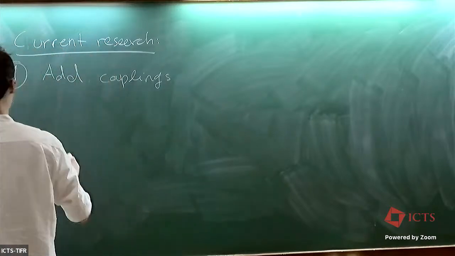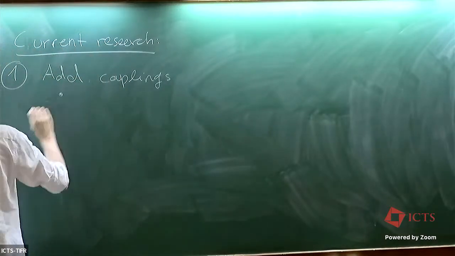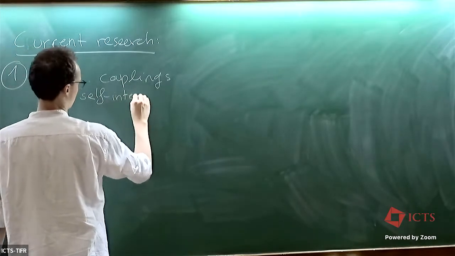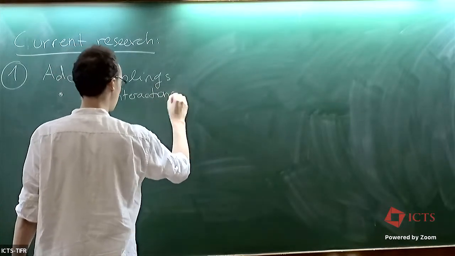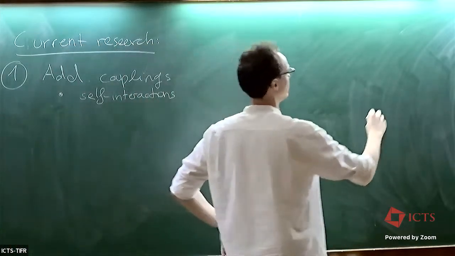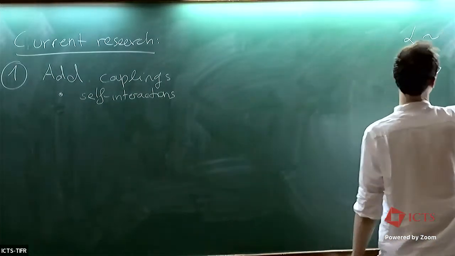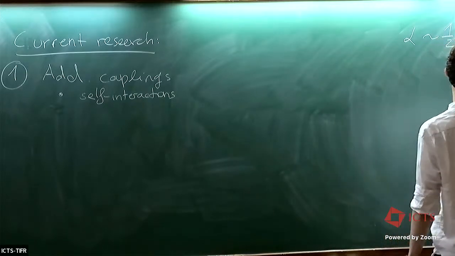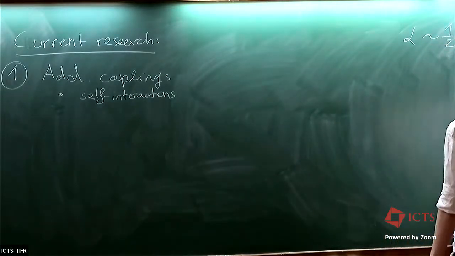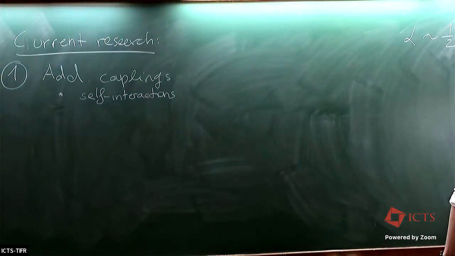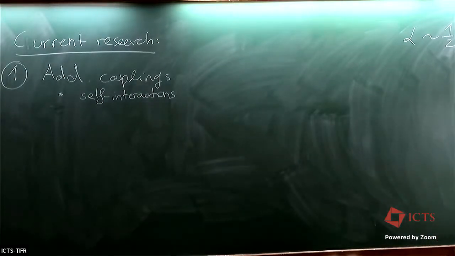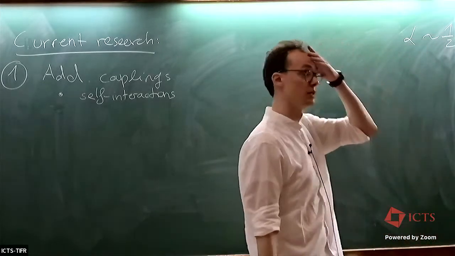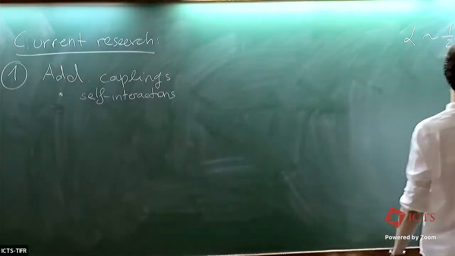Okay? So the first one people were looking at was self-interactions. So what I mean by self-interactions is that, in the Lagrangian for the Klein-Gordon field, you then add some higher order term in the Lagrangian. And so this is then called the self-interaction.